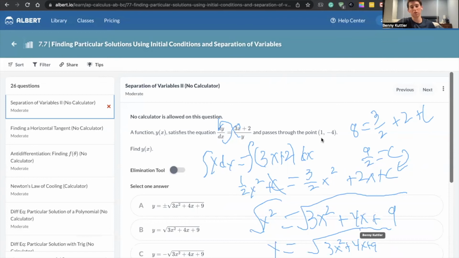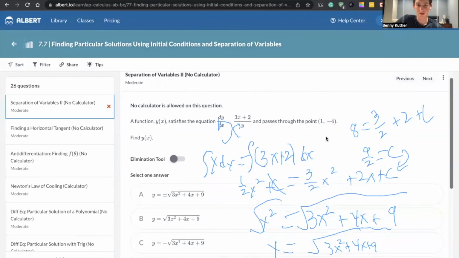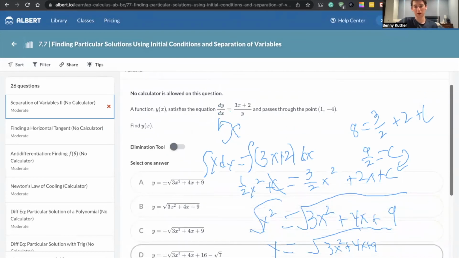And then we want to check our initial condition one more time to see if the signs make sense, because we have 3 different choices with different signs, and then this weird thing at the bottom that doesn't look like it's going to be our answer.